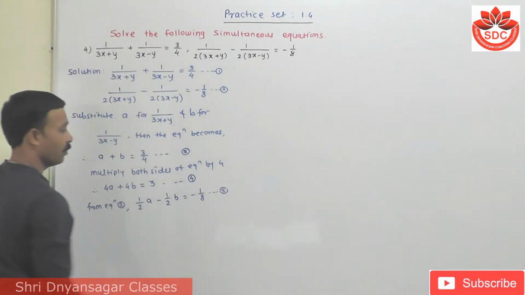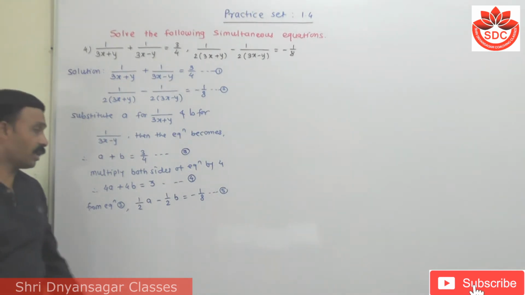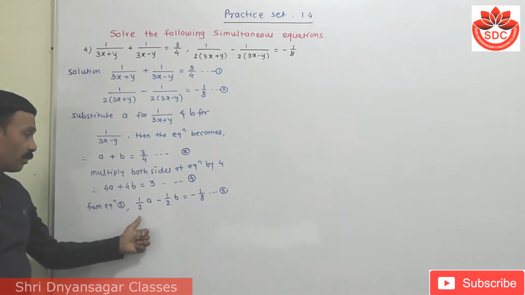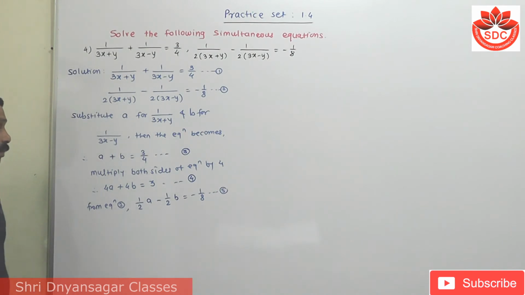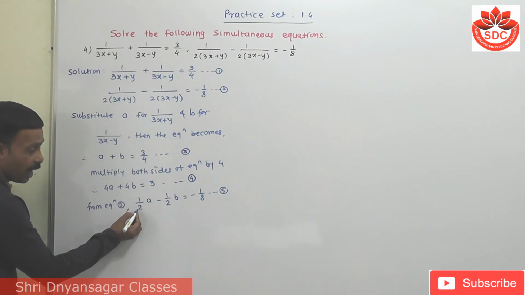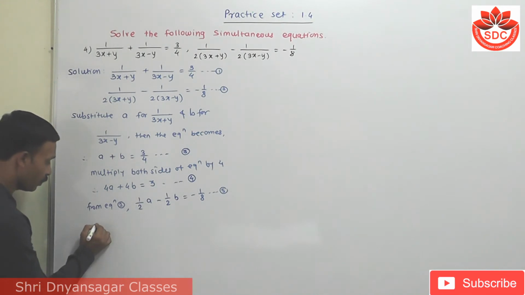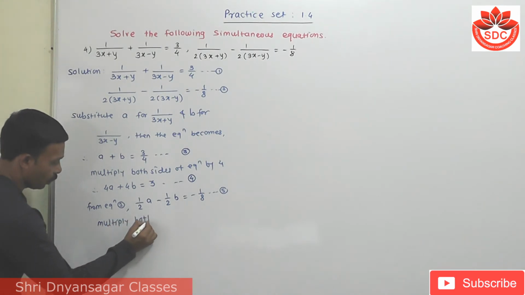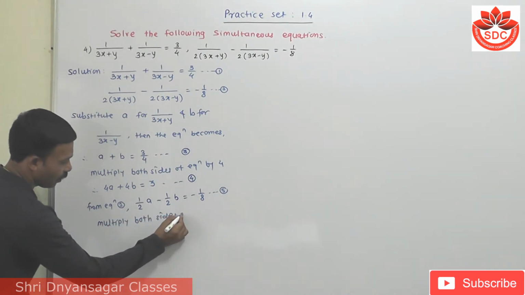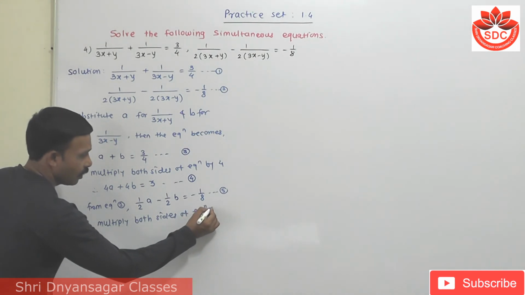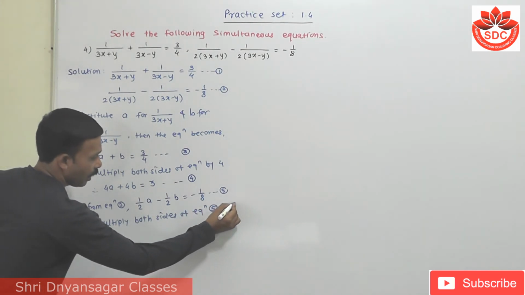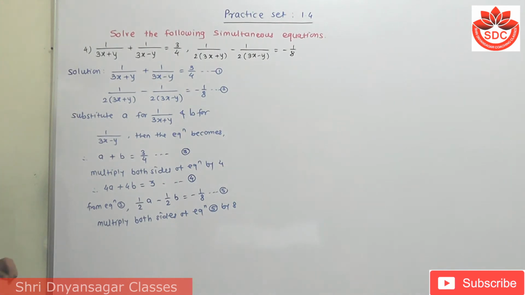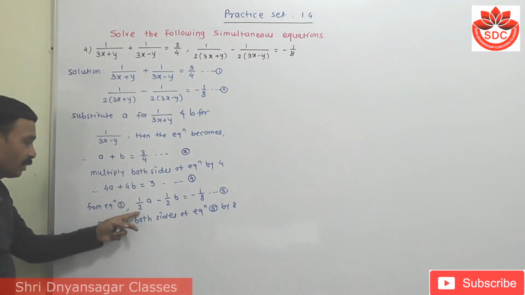Suppose that this is equation number 5. Now I want to remove this 8 here of the denominator. So the LCM of it is 8. So multiply both sides by 8 we get. So first write here, multiply both sides of equation 5 by 8 we get. Therefore, when we multiply by 8, then 2 into 4 becomes 8.